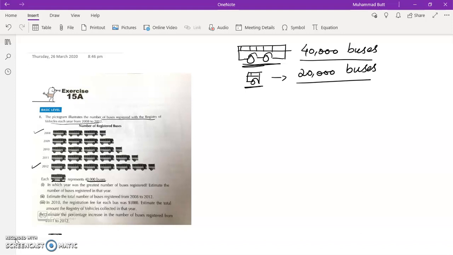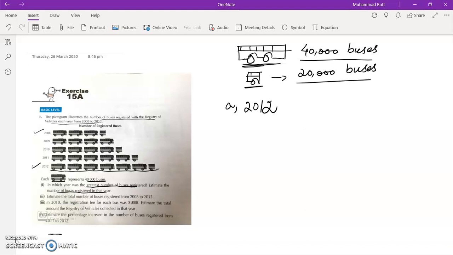Now part A. In which year was the greatest number of buses registered? Estimate the number of buses registered in that year. From the pictogram, we can conclude that the year in which the greatest number of buses were registered is 2012. And how many buses are registered?